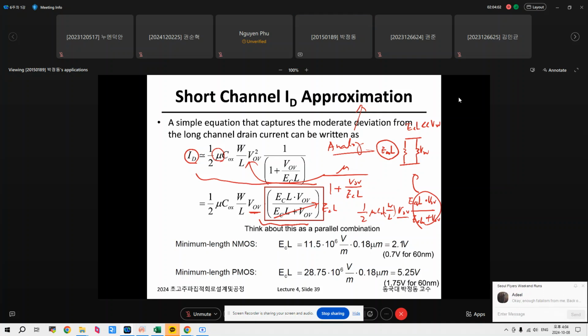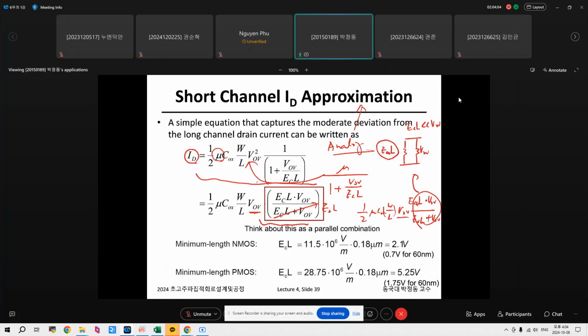Also, interestingly enough, this ECL is different depending on the process technology node. For example, for 1.18 micrometer, ECL is 2.1 volt. This is relatively large. However, for 60 nanometer, ECL becomes 0.7 volt, which is relatively small.